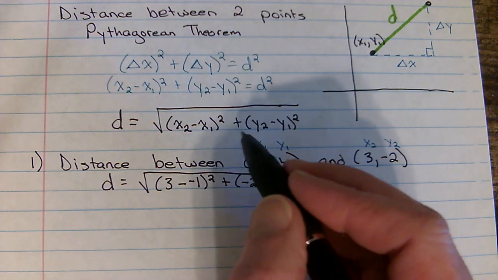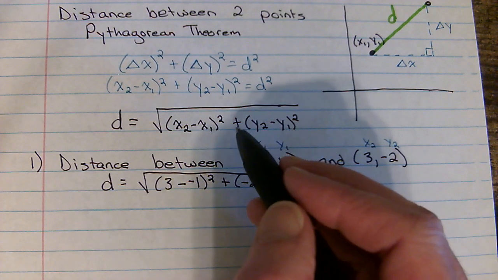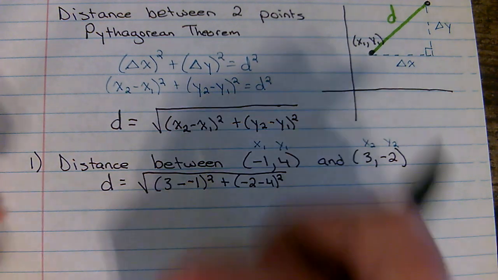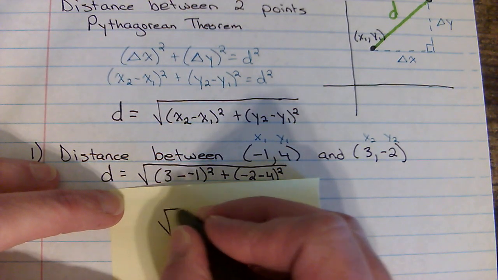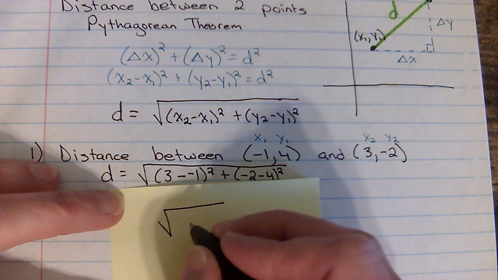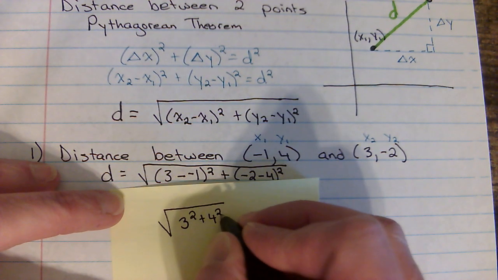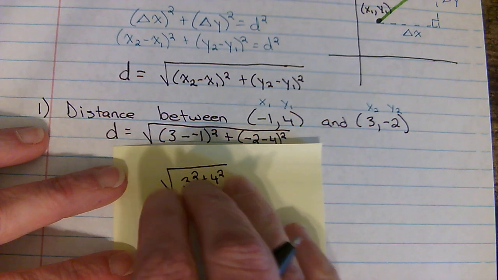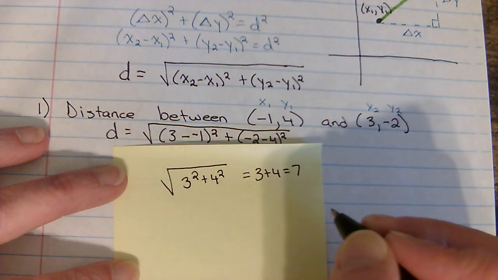Now be careful here. Some people think, well, since this is a square root and these are squared, that I could just remove those. So here's a warning, just to make sure we know about order of operations. If I had the square root of 3 squared plus 4 squared, some people would just cancel the square root and the squares, so this would just be 3 plus 4, which is 7.